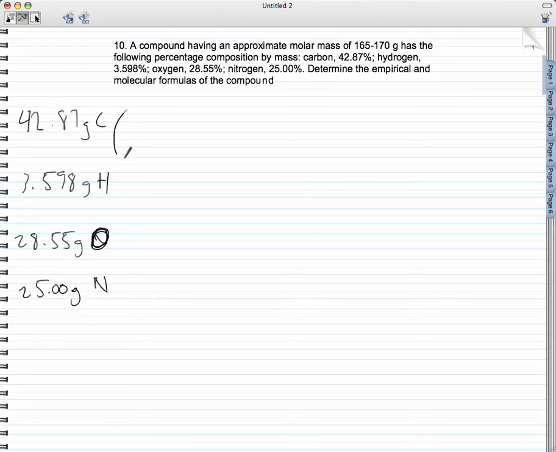Okay, and so if we're talking about the ratio of molecules, we need to know the ratio of moles. So all these things that are in grams, we need to convert to moles, which we're going to do with our molar mass.